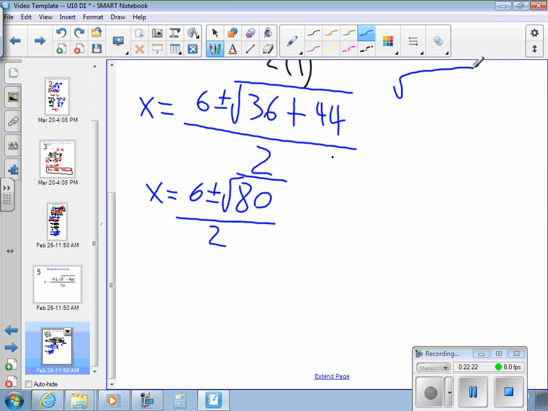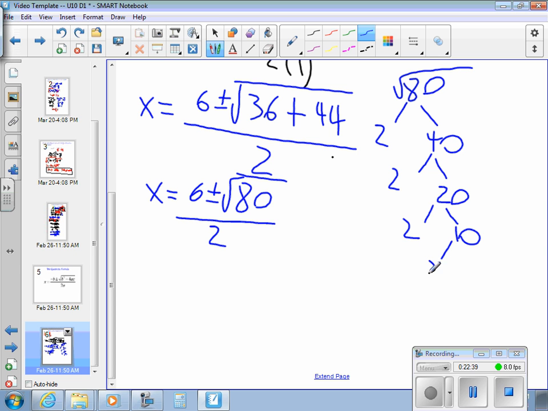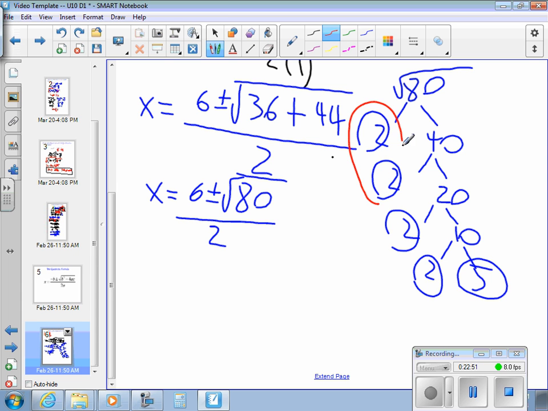So let's take our square root of 80 over here and simplify it. Okay, we will circle all of our primes. Now, let's see here. We have a set of 2's there, so its square root will be 2. Another set of 2's there, so their square root will be 2. And then we have a 5 left over.